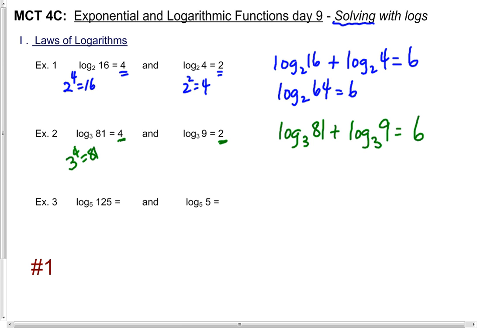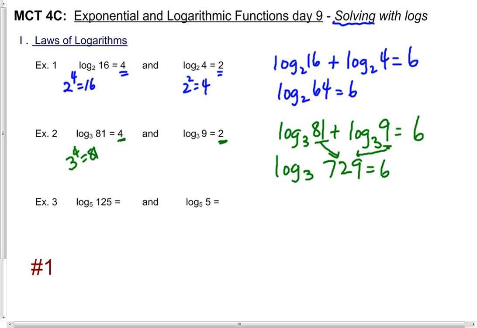So that one plus that one equals 6. It happens to be true that log base 3 of 729 is 6. What's the relationship between 81 and 9 that can give me this same answer when we're looking at log base 3?